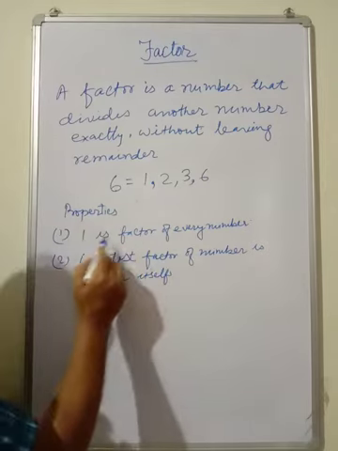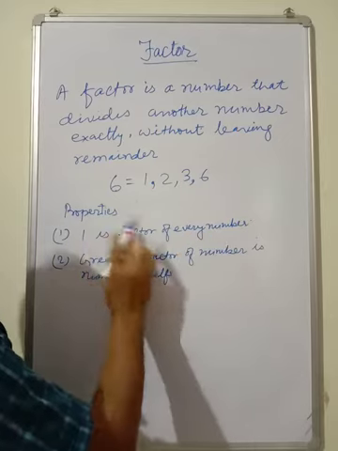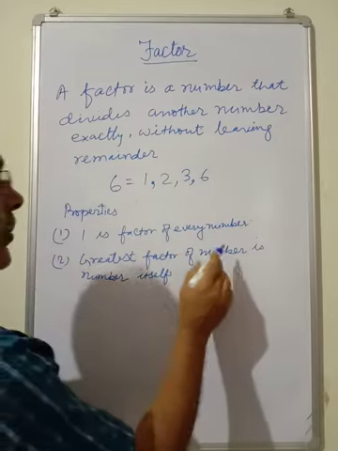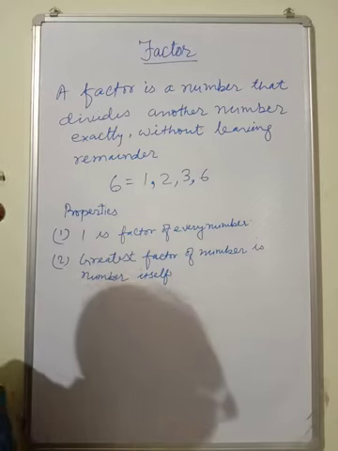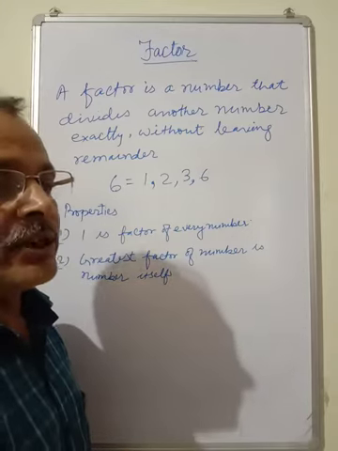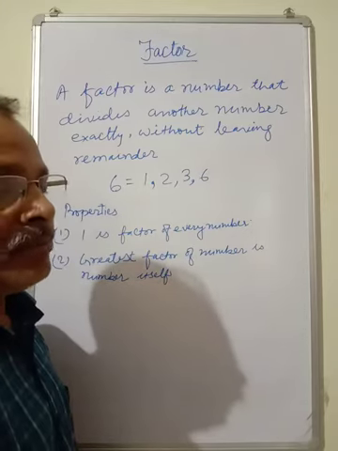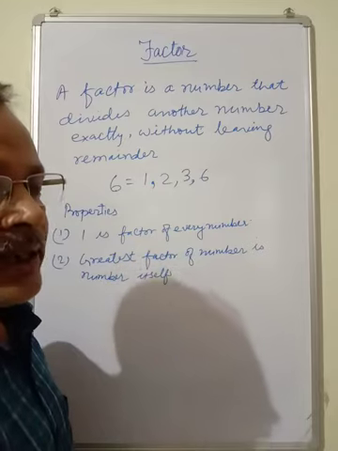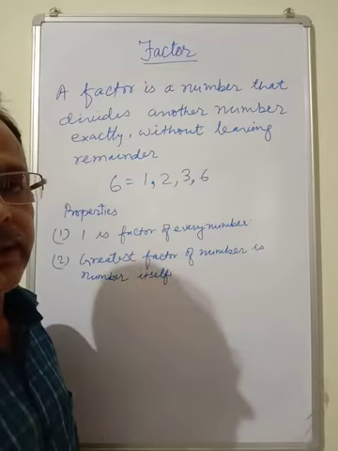One is the smallest factor and the greatest factor of a number is the number itself. Always remember, if you have to find the greatest factor of 10, it's very simple, the number itself means the greatest factor of 10 is 10.